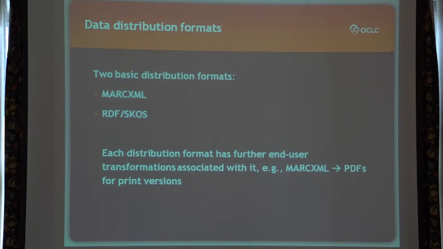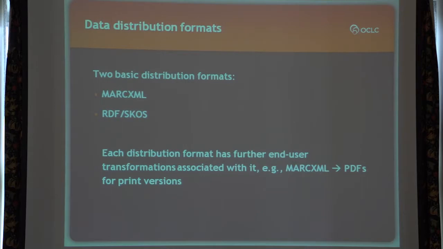So it's a version of MARC in there. But when we push data out, we push it out in MARC XML, and for linked data, RDF SKOS. Those are our two primary distribution formats right now. And MARC is extremely hospitable to those. And so so far we think we've made an extremely good choice.